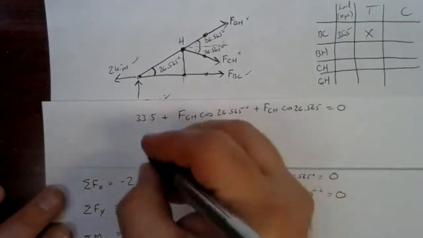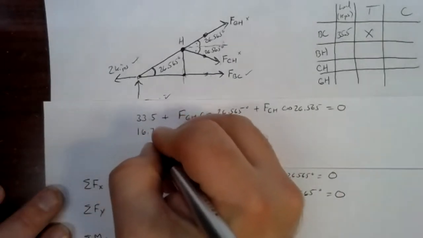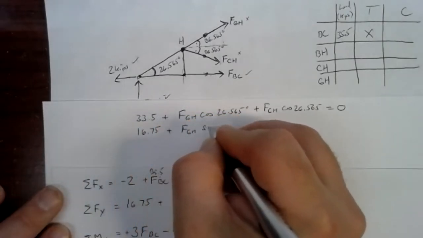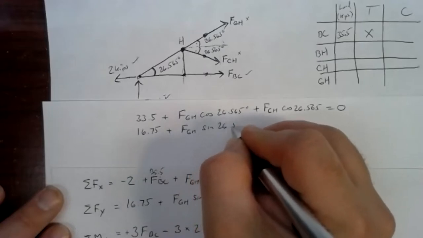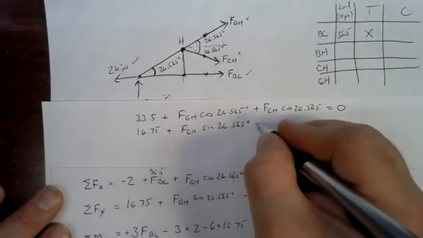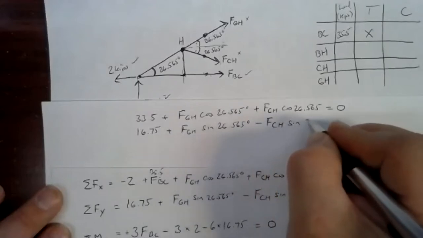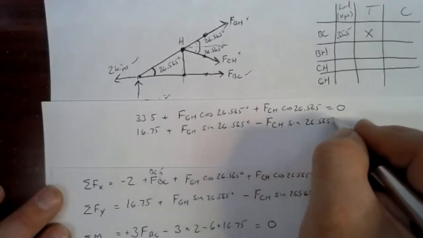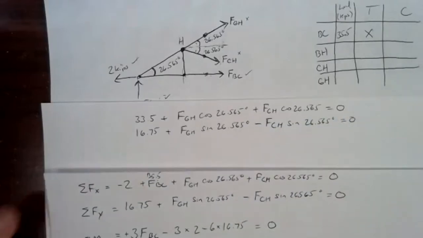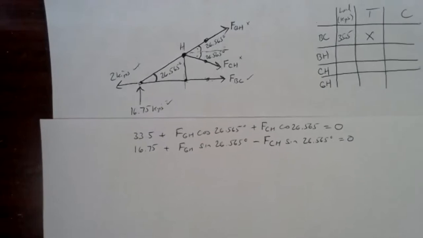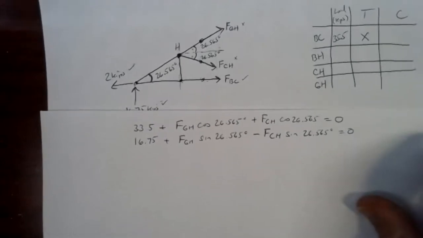The other equation is 16.75 plus FGH sine 26.565 degrees minus FCH sine of 26.565 degrees. So there we've got our two equations in two unknowns.